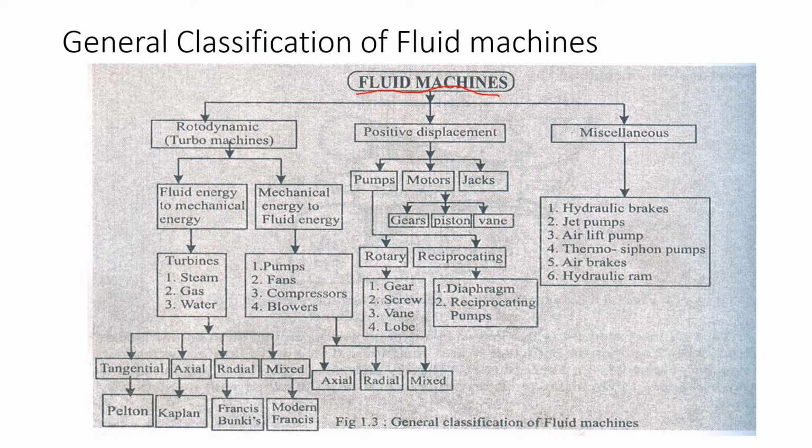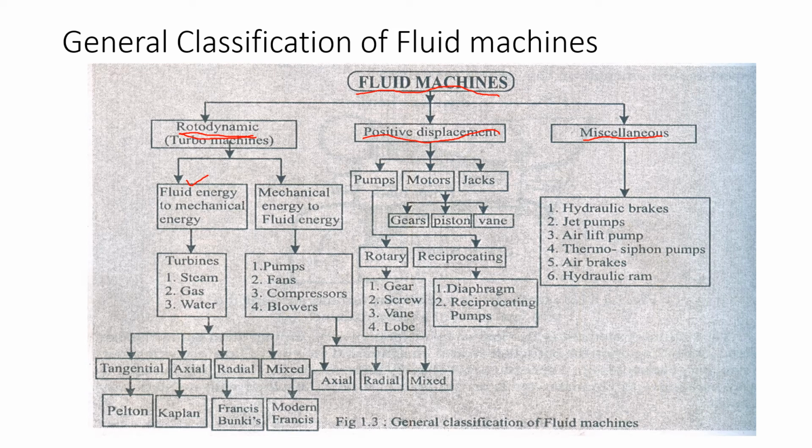Turbo machines can be classified as rotodynamic turbo machines, positive displacement turbo machines, and other types of turbo machines. The rotodynamic turbo machine can be further classified into two types. The first is fluid energy to mechanical energy, meaning energy transfer is taking place from the fluid to the blades and shaft.